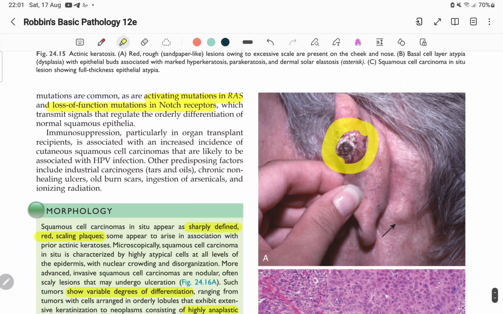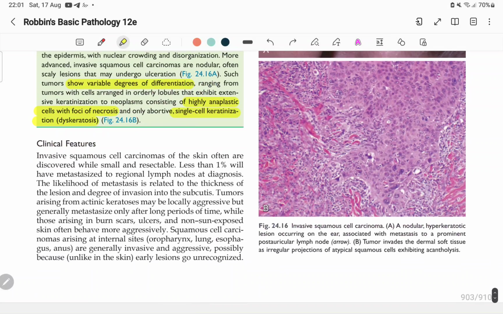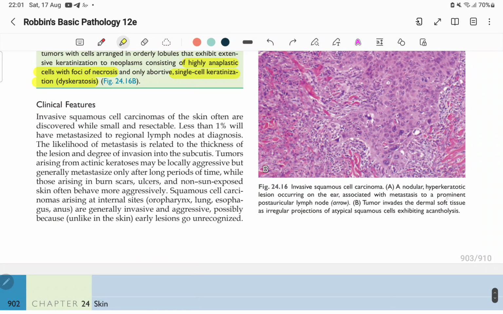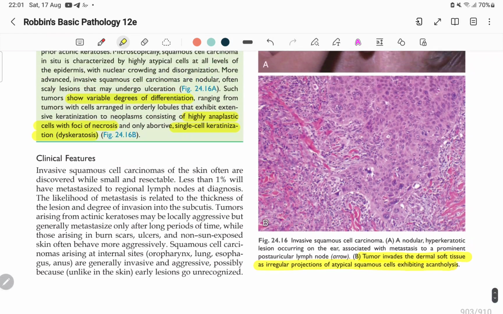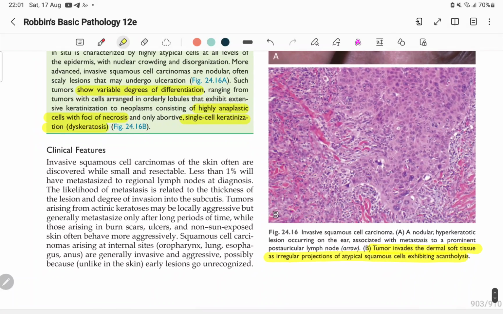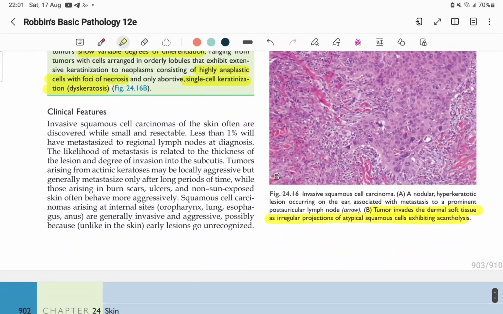Look at this. This is a squamous cell carcinoma present behind the ear, on the auricle. This tumor invades the dermal soft tissue, with atypical squamous cells exhibiting acantholysis. They often are discovered while they are small and resectable.